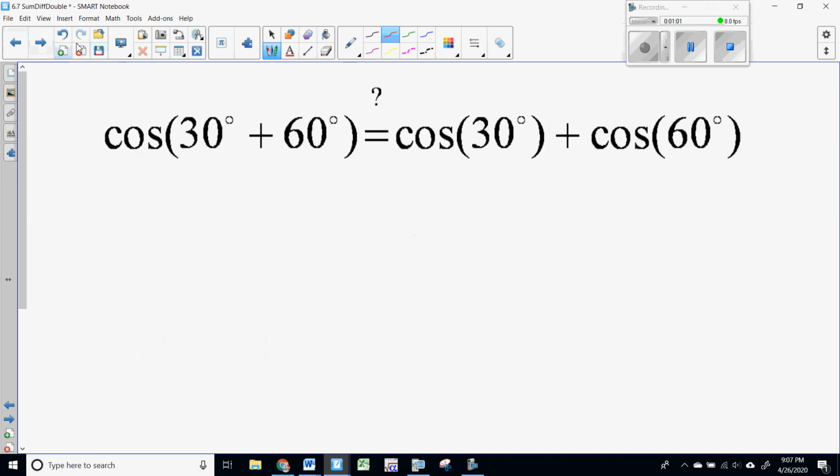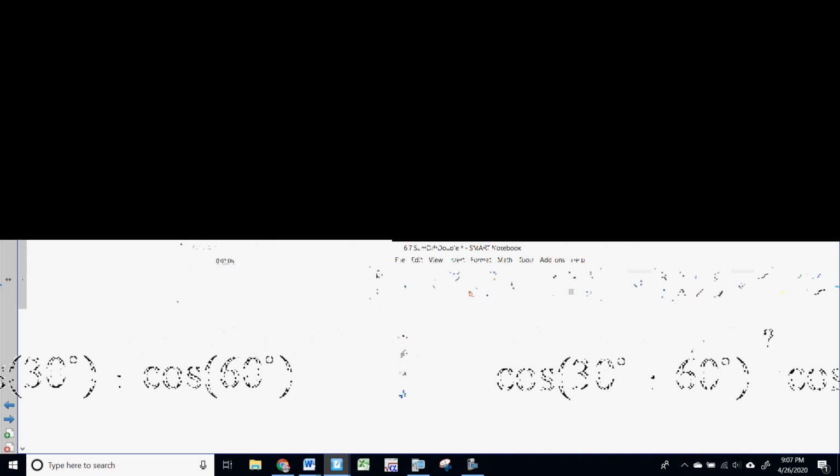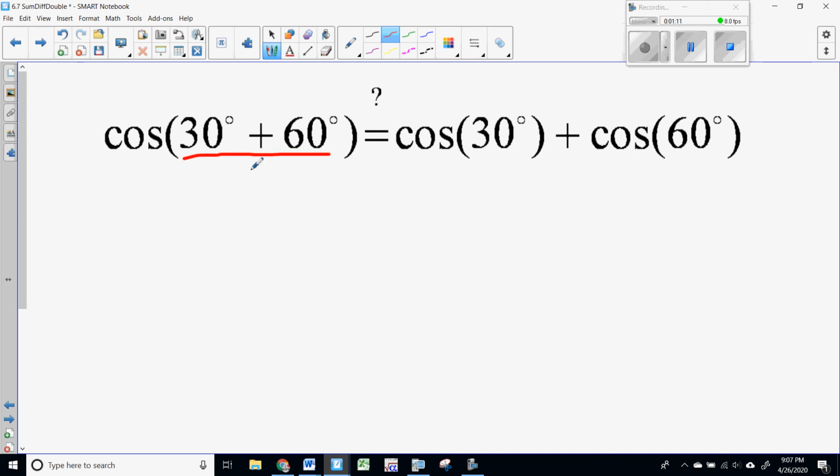Well, let's think about our values that we know, and I'm going to pull these off our unit circle if you remember those. If not, you can trust me here. 30 plus 60 would be 90. So cosine of 90 is the x-coordinate at 90, which is 0. Cosine of 30 is the x-coordinate at 30, which is square root of 3 over 2.